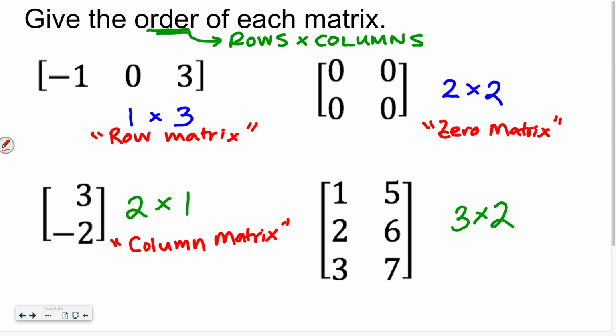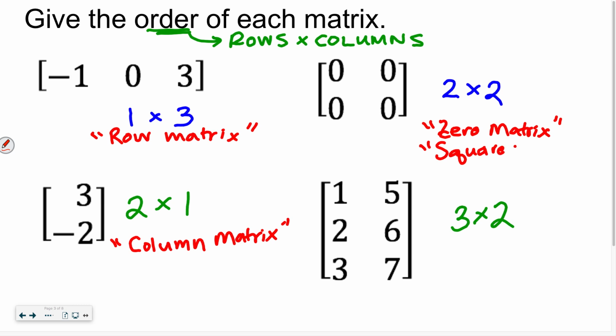This one is also special because the number of rows is equal to the number of columns. Anybody have a name they think could work for that? Square matrix. Yep, good. So it's a 0 matrix, it's also a square matrix.